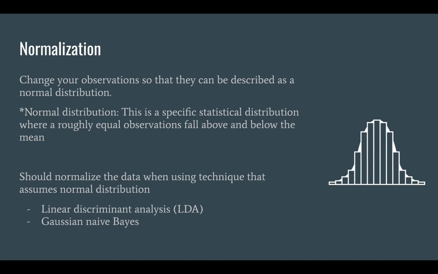In general, you will normalize your data if you're going to be using a machine learning or statistics technique that assumes your data is normally distributed. Some examples of these include linear discriminant analysis, LDA, and Gaussian naive Bayes. To give you a little tip, if there is any method that has Gaussian in the name, it's pretty safe to assume that it requires a normal distribution.